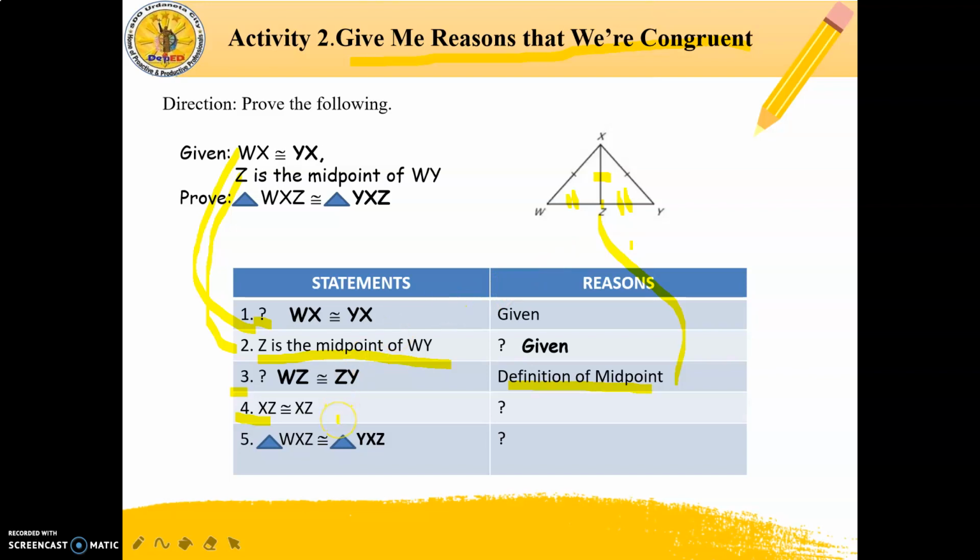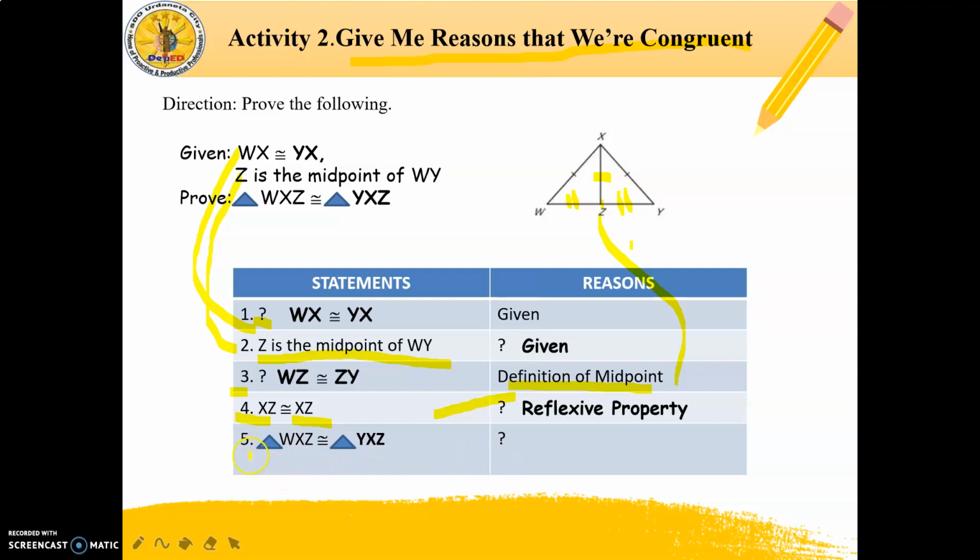And what theorem, definition, postulate, or property supports this conclusion? XZ is congruent to XZ through the reflexive property, because this reflexive property states that a number a is always equal to itself, a.